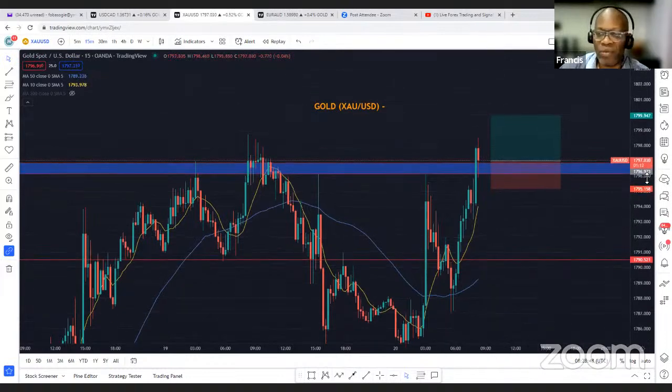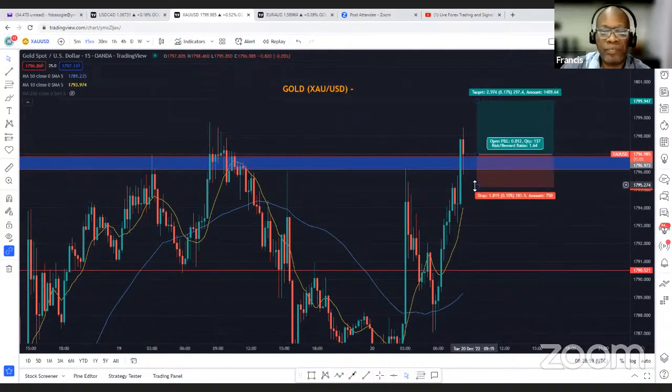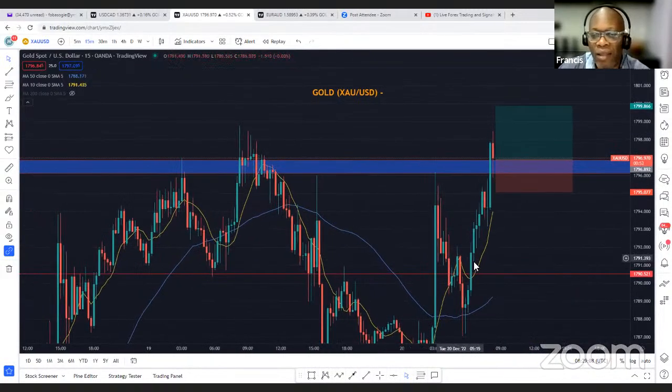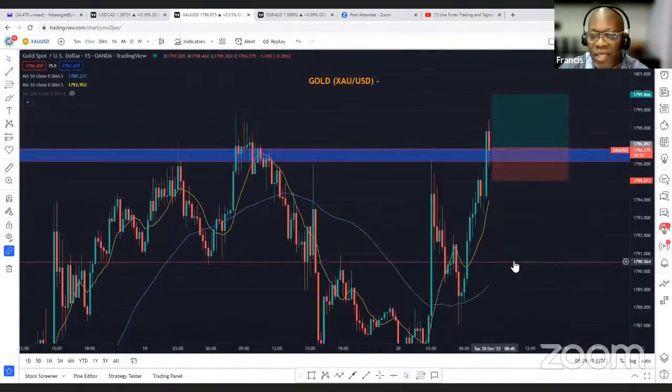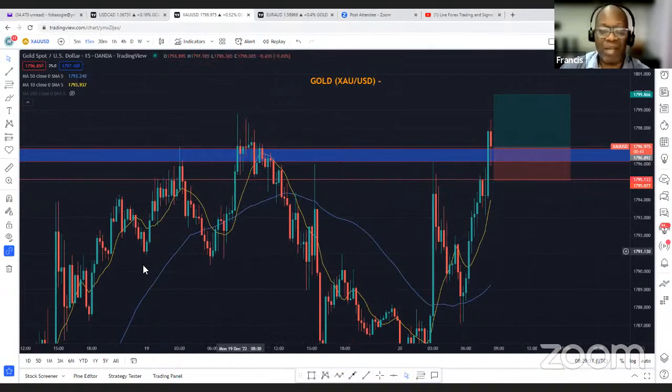This gold trade would have been something to scalp. Basically, if one enters here, place your stop loss below this 15-minute candle and go for at least 1-to-1, but I'm not wanting to scalp at all today. So if I was going to scalp this gold trade, that's how I would trade it.